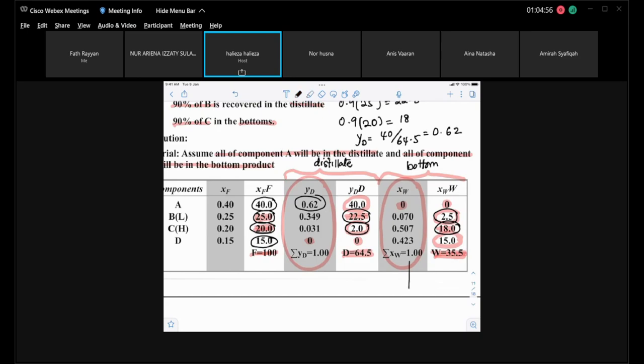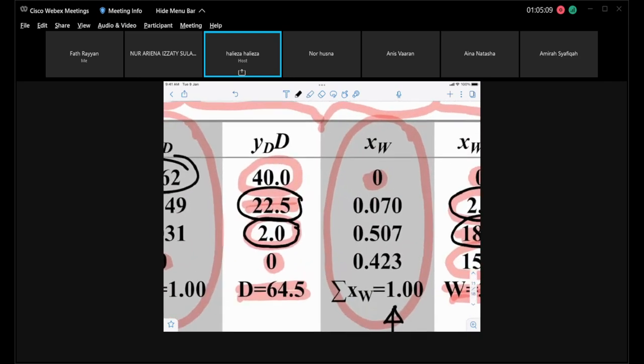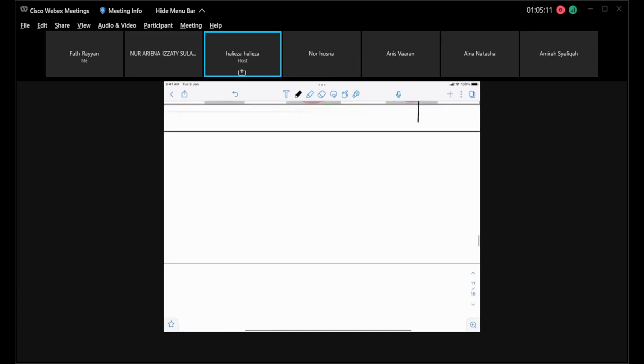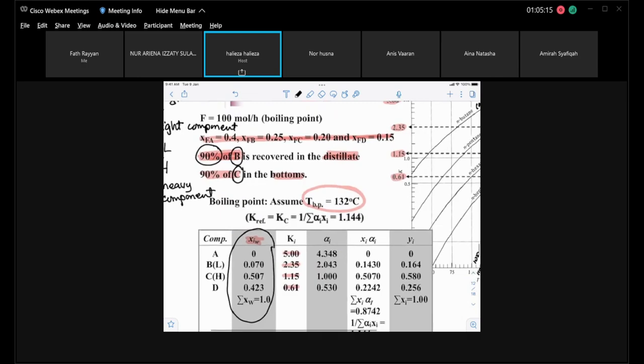We'll be looking at that composition for the boiling point. That is where we're going to start our calculation, again by trial and error. Remember this column is the composition of your bottom product. So we're going to go to how to estimate the boiling point.